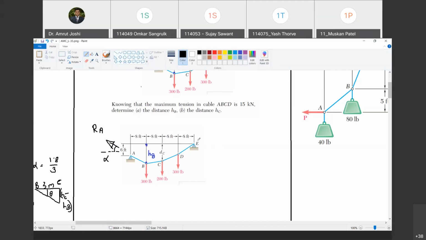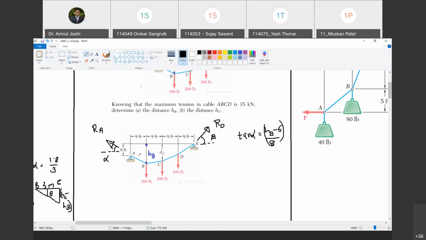Happy? Yes, sir. And this is RD, and let us say that it makes angle beta with the horizontal. Can you tell me how much is tan alpha? Tan alpha will be equal to HB minus 6 divided by 8. Do you agree with me?